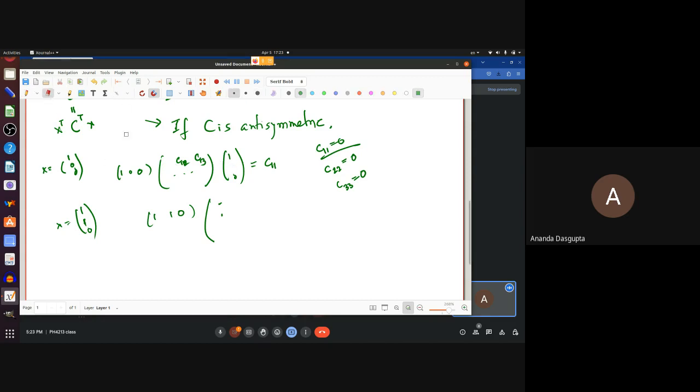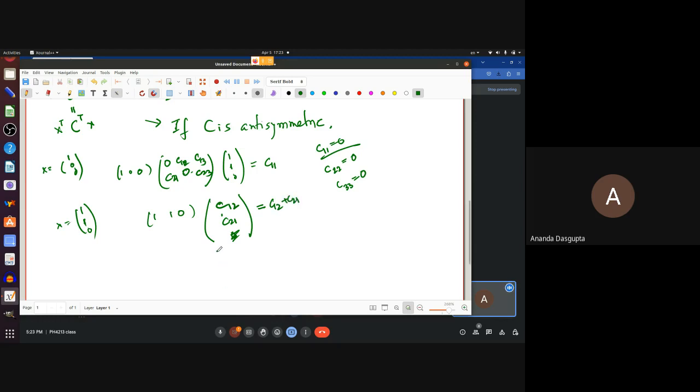Although you already know that this is 0, when you do this multiplication, what do you get? You get just C12 from the first row, and from the second row you get just C21, and then 0. I don't even care what you get here, because it's not going to contribute. You get C12 plus C21.